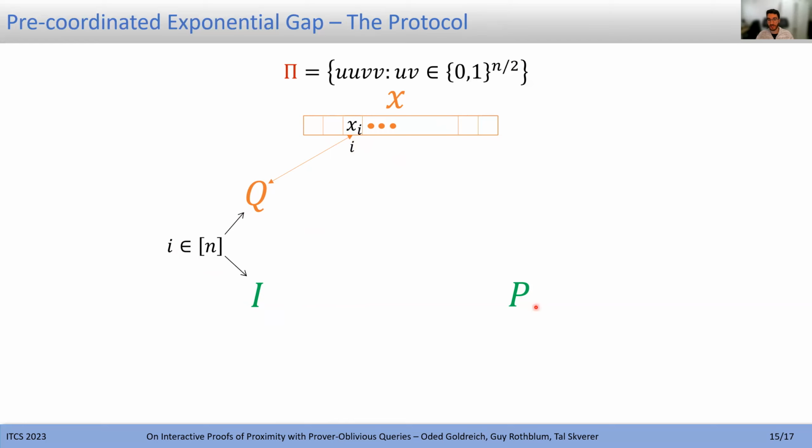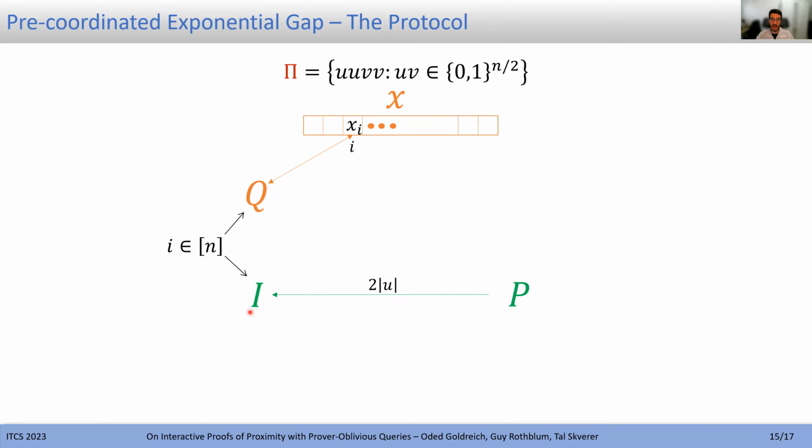We have three messages. Remember, we want to show the gap for three messages in the pre-coordinated model. We'll start with the prover sending the cut to U, as with the interactive proof of proximity. Notice that at this point, I knows little i, so it knows the position that Q would query X, and it knows the claimed cut position that the prover sent it.